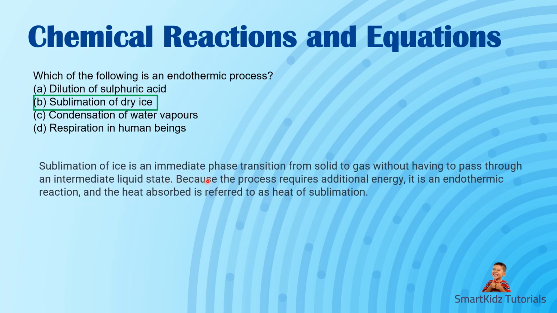Sublimation is an immediate phase transition from solid to gas without having to pass through an intermediate liquid state. This we have done in class 9. Because the process requires additional energy, it is an endothermic process and the heat absorbed is referred to as heat of sublimation. Again, this is also done in class 9.